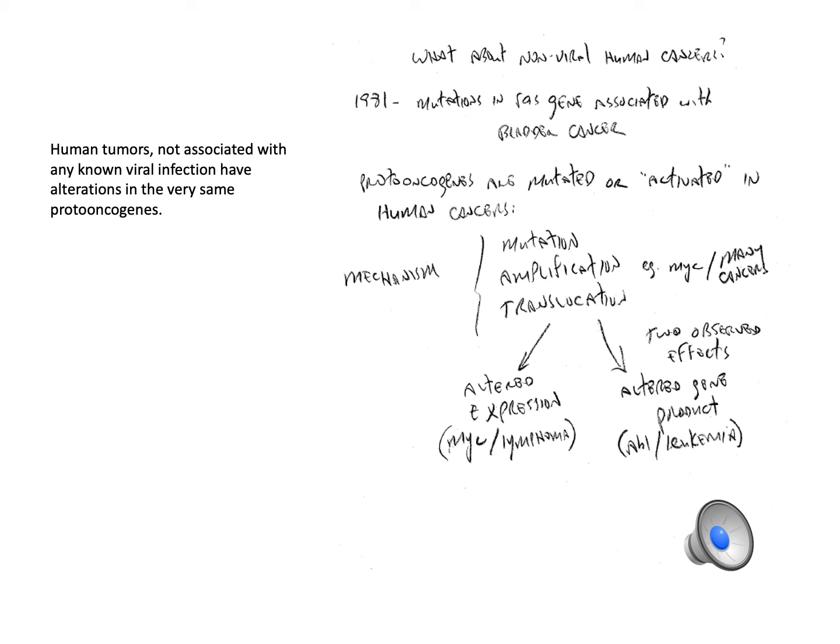And so we have the term proto-oncogene, which is the homologue of the genes that were identified on the highly oncogenic retroviruses, or the analogous gene in the cell, which is normal. And as it turns out, in human cancers, these proto-oncogenes, which would be proto-oncogene MYC, or proto-oncogene RAS, or proto-oncogene SRC, are mutated or activated.